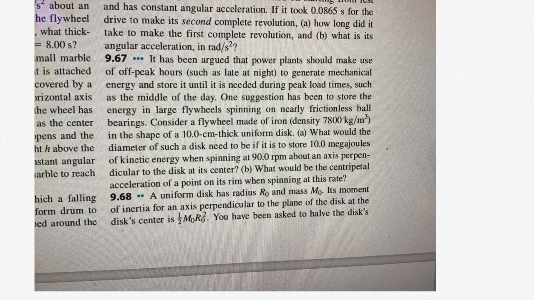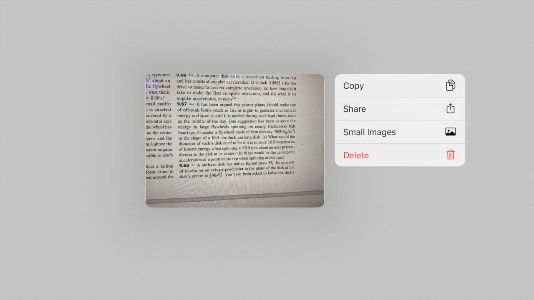So, rotational motion. This is going to be a problem about rotational kinetic energy. We have energy stored in a system that's rotating, and we need 10 megajoules.